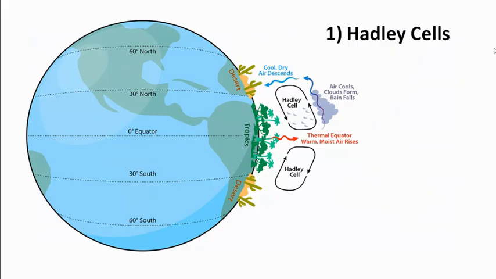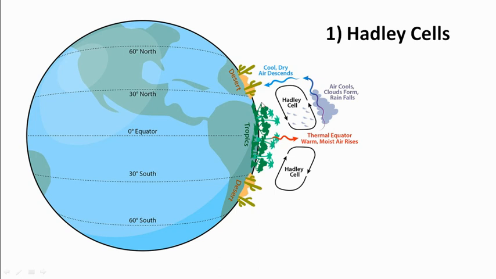Here's the first one. The first reason is called Hadley cells. The name Hadley comes from a geographer who explained the way that deserts form in this way. Here is the tropics, the band all the way around the world, the hottest part of the world, on the equator, and in the tropics you get tropical rainforests like the Amazon in Brazil, and there it's very hot, but it's also very wet.